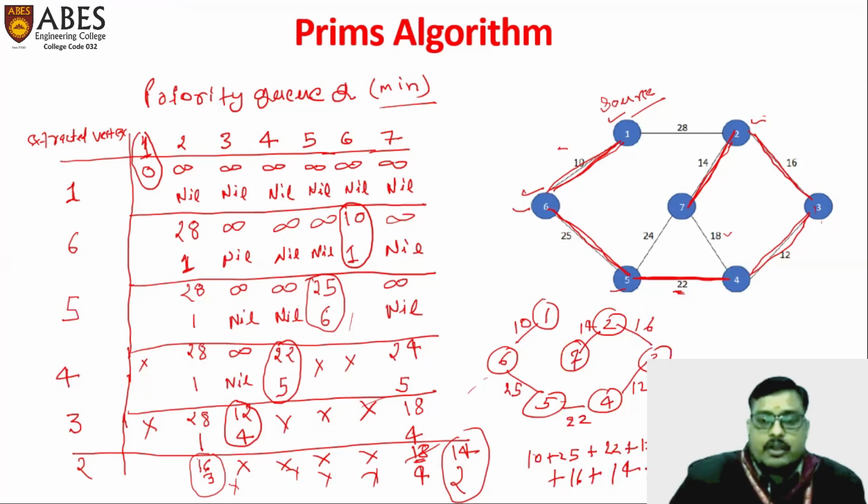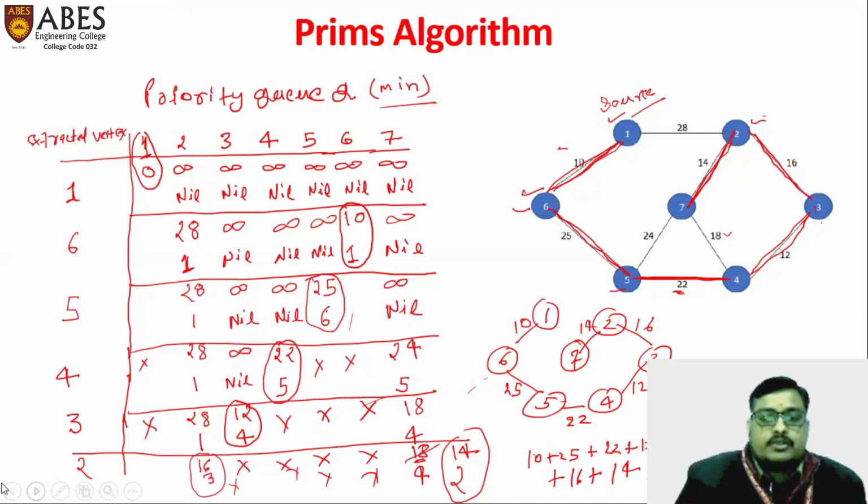So 30 plus 42 is 66 plus 20 is 86 plus 5 is 91 plus 10 is 101. So the cost is 101.